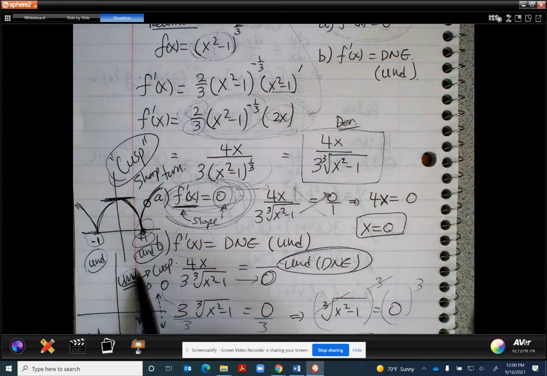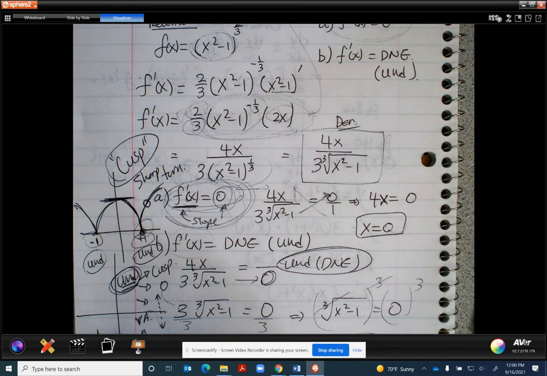So whenever you have undefined or does not exist, I want you to think of three things again: cusp, open circle, or vertical asymptote line. And we'll be using that in chapter 3. Okay? Alright, I'll give you a little bit more time to copy that down.